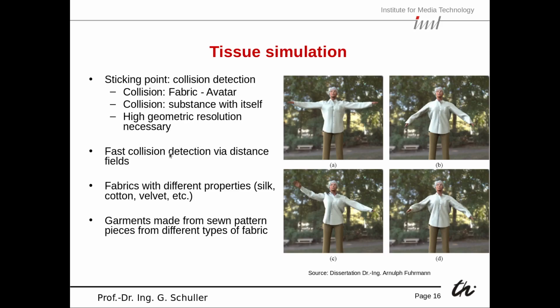We have a fast collision detection via distance fields, and we have fabrics with different properties, for instance silk, cotton, velvet, and so on. So they have different physical properties. And these garments are made from sewn pattern pieces from different types of fabric. So that's also possible.